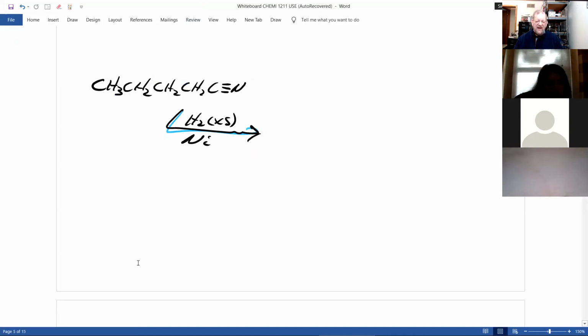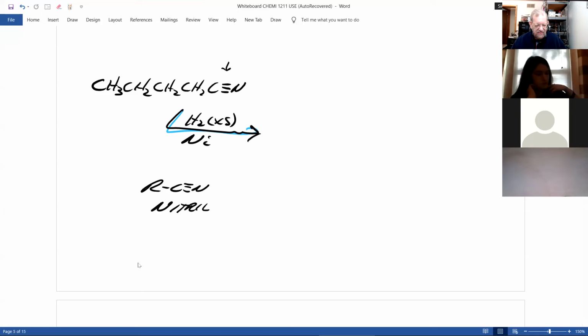So if we look at this reaction, the question is, what's different here? Ooh, nitrogen, triple bond to carbon, a nitrile. And we have hydrogen excess because we have 2 pi bonds that we want to break. And we have a catalyst.